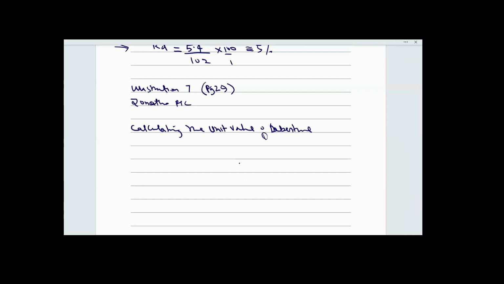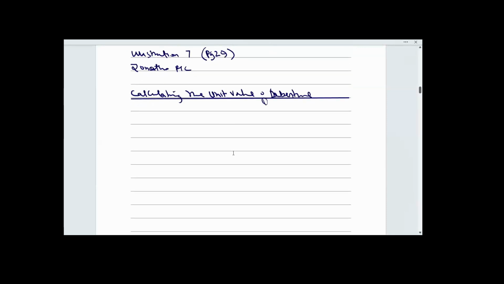Before we solve this question, you need to understand what the market value of debt is. How do you compute the market value of debt? When we get to work, I'll be talking more about how to calculate the market value of equity, market value of preference share, and the market value of debt.